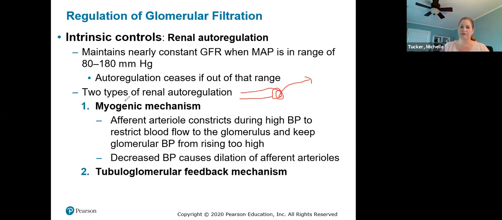So the myogenic mechanism involves the smooth muscle at the level of the afferent arteriole. When the afferent arteriole gets stretched, then it is going to vasoconstrict.